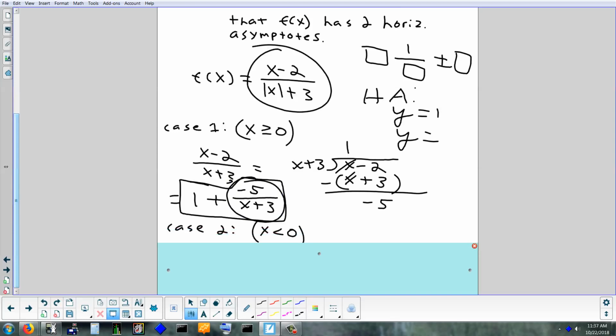So what did we say to do if you want to take the absolute value of a number that's less than 0? What do you do to it? You would switch the sign. Switch the sign, right? Which means make it negative.